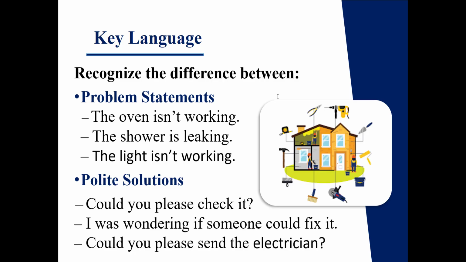For example, could you please check it? Wondering if someone can fix it? Could you please send the electrician? So an important skill here is to separate the problem from the polite request.